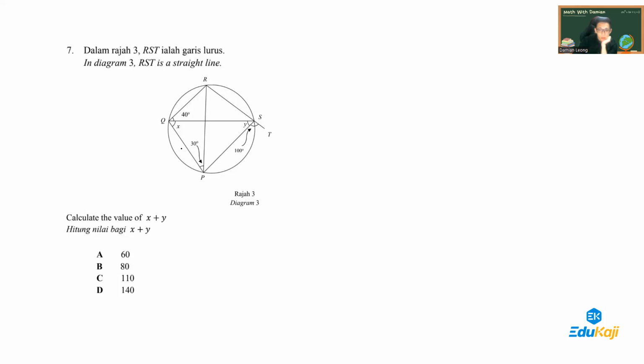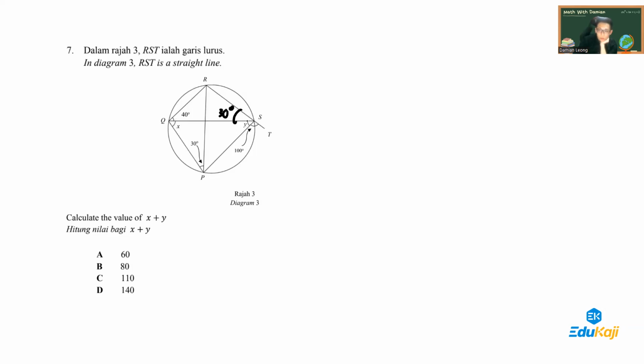So, okay, let's look at the 30 degrees here. Here is 30. Here would also be 30 degrees, angle from the same arc on the circumference.